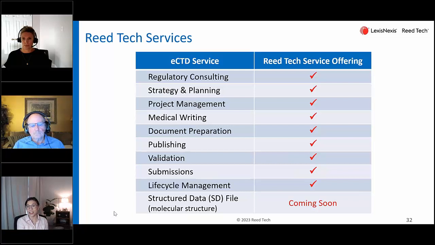We have a solution that we are almost there, and there's more, stay tuned on that, but we're going to be able to provide that ability to convert these chemical molecular structures to structured data file format as well. So stay tuned for that, more information to follow.